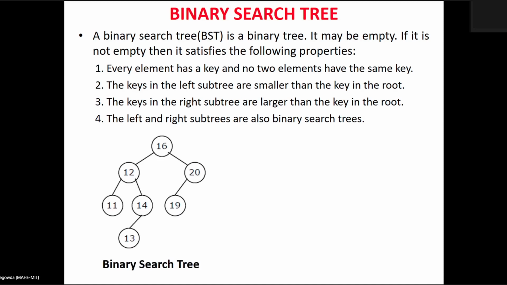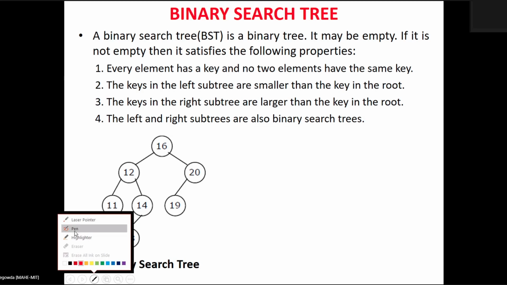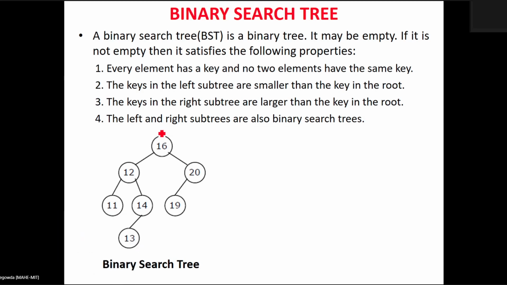This is an example of a binary search tree. 16 is the root node. I have a node 12, which is less than 16, so it becomes the left child of 16.